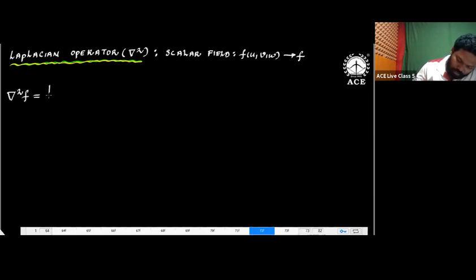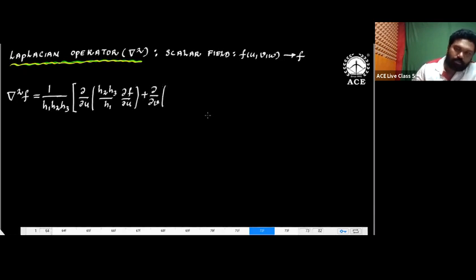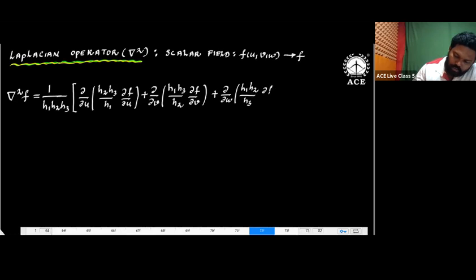Del square f is equal to 1 by h1 h2 h3 times dou by dou u of h2 h3 by h1 into dou f by dou u plus dou by dou v of h1 h3 by h2 into dou f by dou v plus dou by dou w of h1 h2 divided by h3 into dou f by dou w.